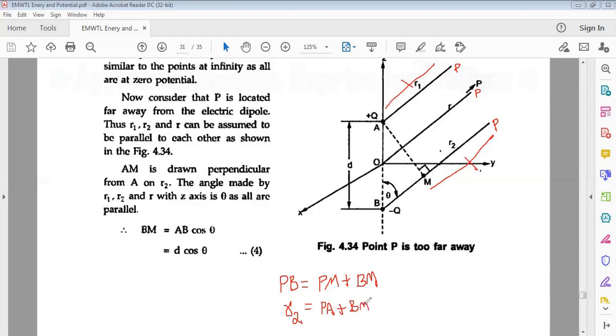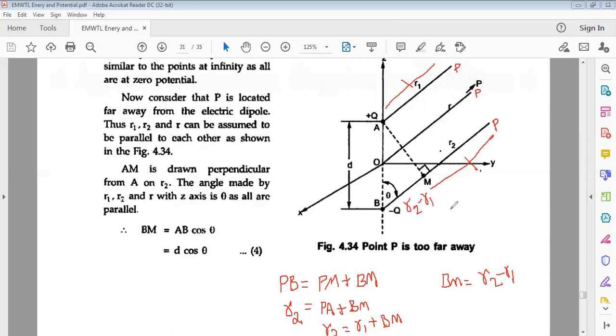It is R1. So that implies R2 is equal to R1 plus BM. Got it, my dear? So what is BM now? BM is equal to R2 minus R1. In the total distance, if I remove the PA value, the BM value is R2 minus R1.